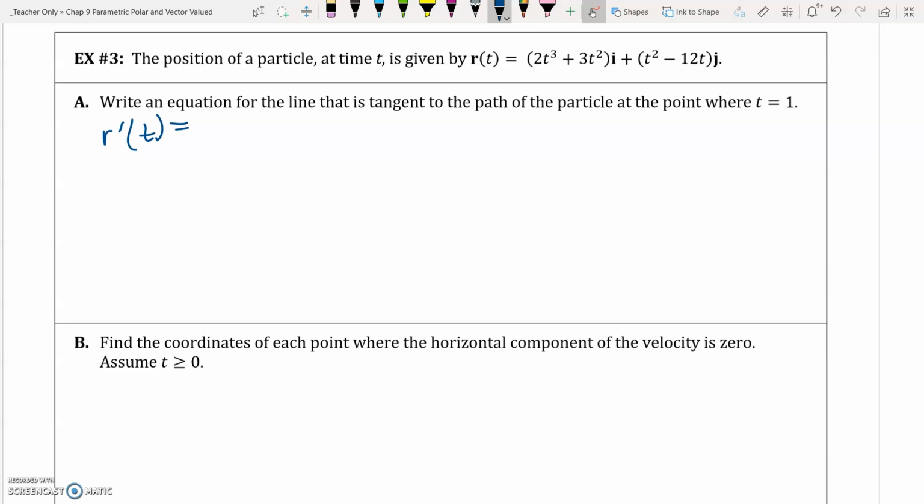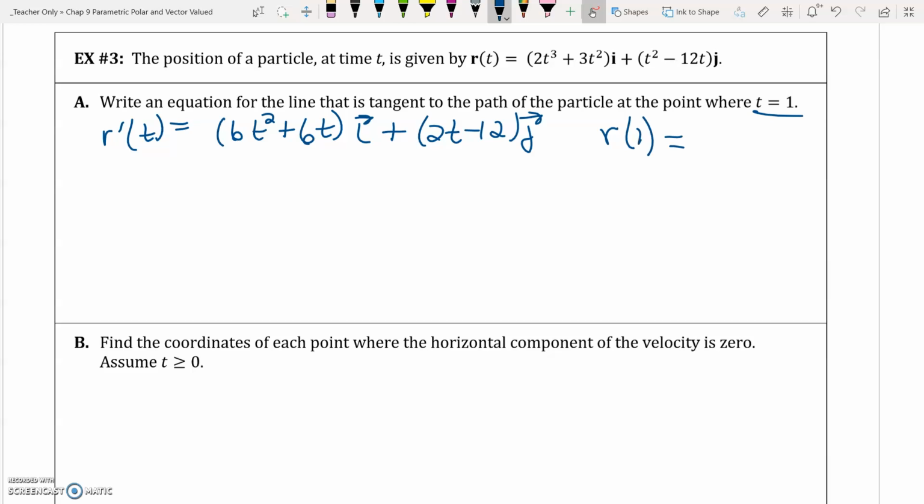So that is going to be 6t squared plus 6t i plus 2t minus 12 j. And I need to have my x and y at the point 1, so I'm going to do r of 1.